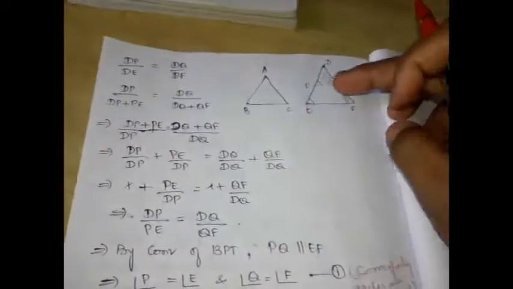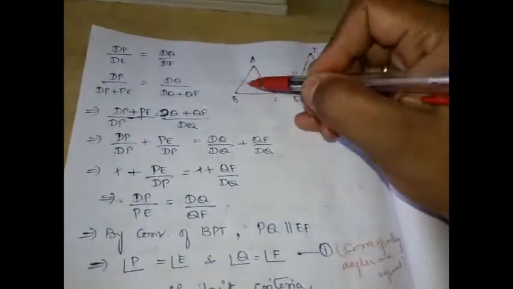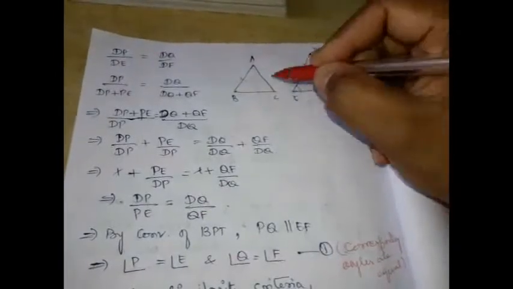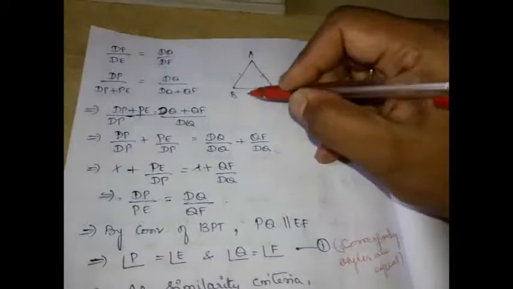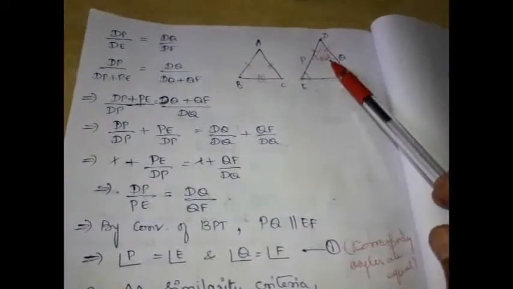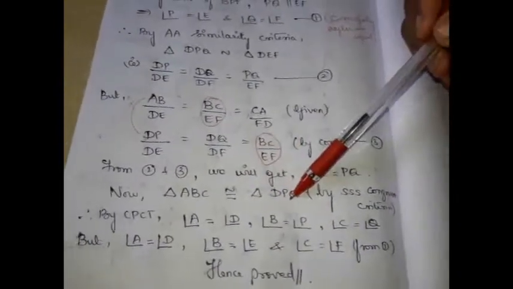Now in these two triangles by construction we know AB equals DP and AC equals DQ. Now we proved BC is also equal to PQ. Therefore by SSS congruency criteria, these two triangles will become congruent. Triangle ABC is congruent to triangle DPQ.